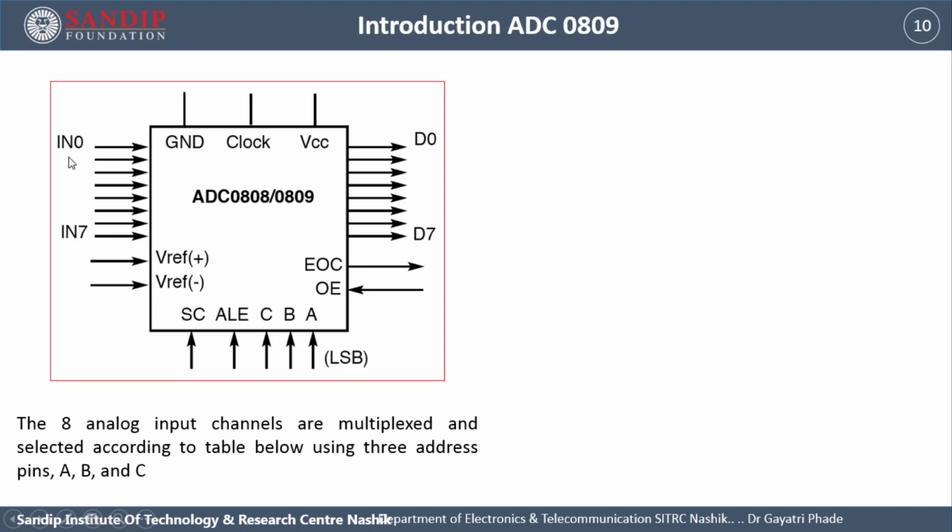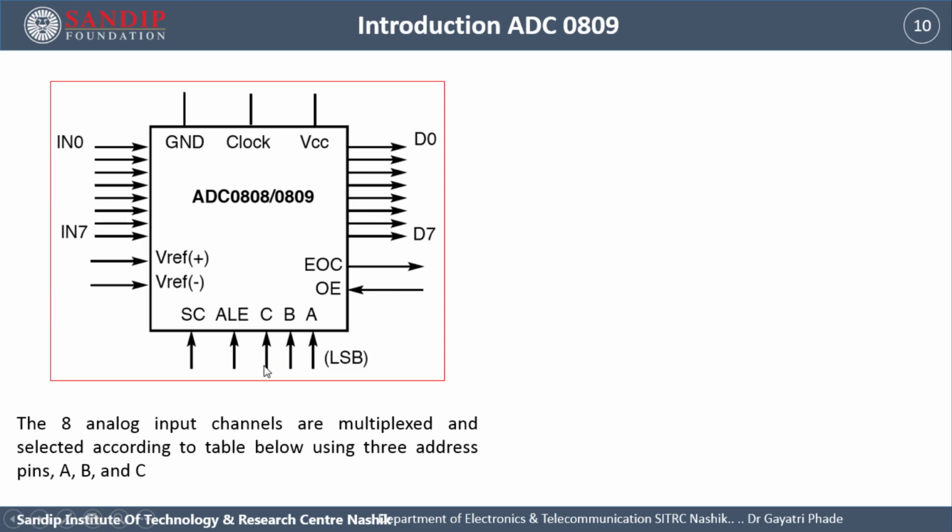We have IN0 to IN7, 8 channels to the ADC. So we can take 8 analog data into the ADC for conversion, connected at different channels starting from 0 to 7. That's why it is called an 8 channel ADC, having 8 channels for taking input.